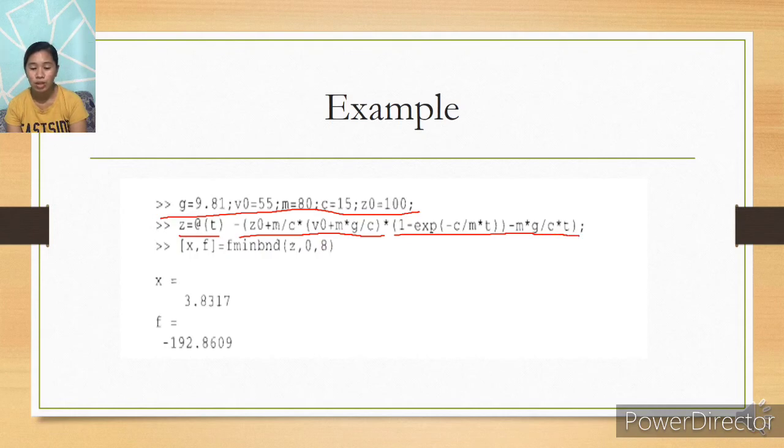Then at the command prompt: [x, f] equals fminbnd of d, z, 0 and 8. So x is equal to 3.8317 and f is equal to negative 192.8609.